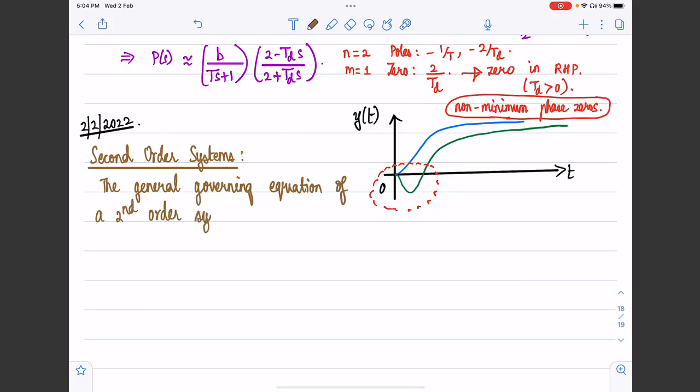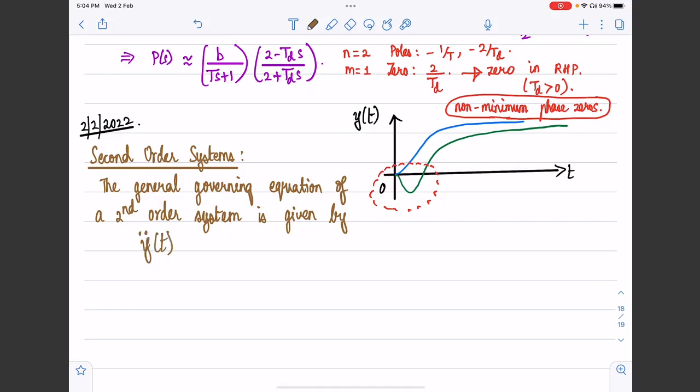Of course, I'm not writing all those adjectives. It's understood that that's what we refer to when we write the word system in this particular course, unless otherwise stated explicitly. So the general governing equation of the second order system that we would be considering is given by the following. There can be other variants, but what we will consider is the following.